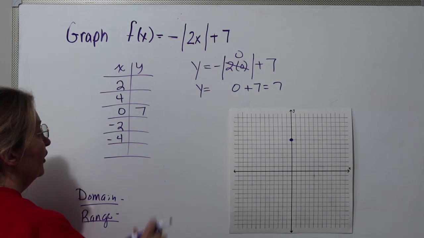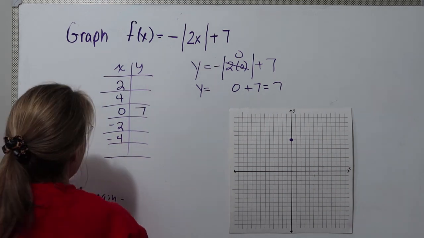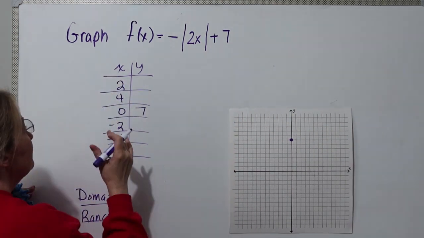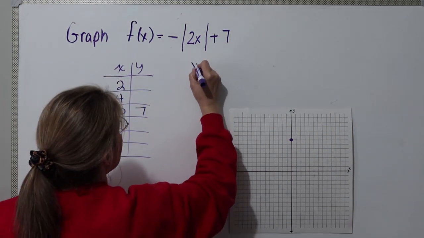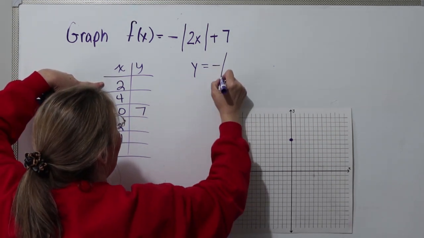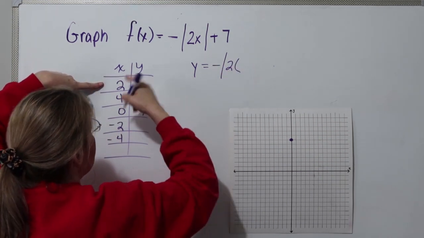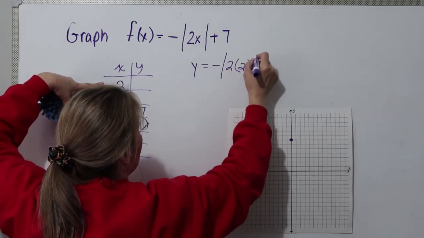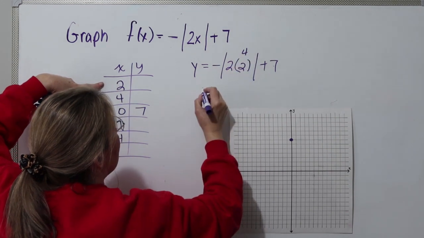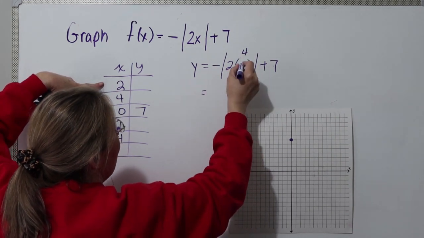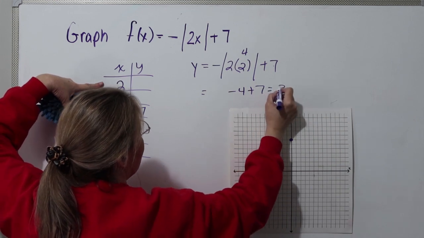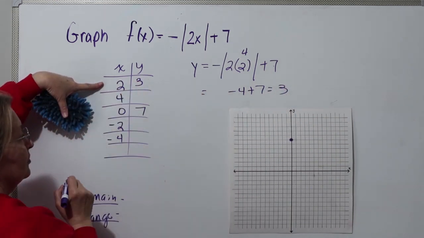All right, now for each one, we're just going to fill it in and solve. We already have x. This time we're only looking for y. So I'm going to do y equals, let's take the first one, negative absolute value of 2 times 2 plus 7. 2 times 2 is 4. The negative of the absolute value of 4 is -4. -4 plus 7 is 3.